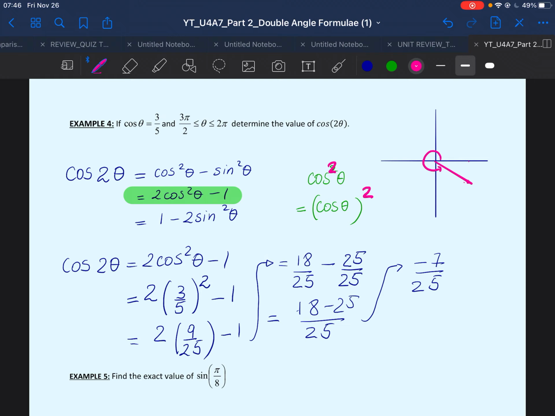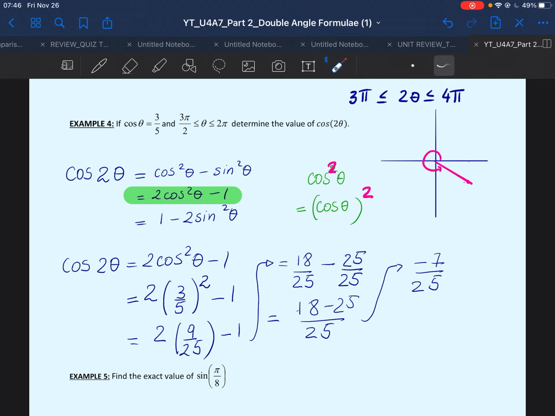So if angle theta is between 3 pi over 2 and 2 pi, then angle 2 theta would be between double of 3 pi over 2, which is 3 pi, and double of 2 pi, which is 4 pi.